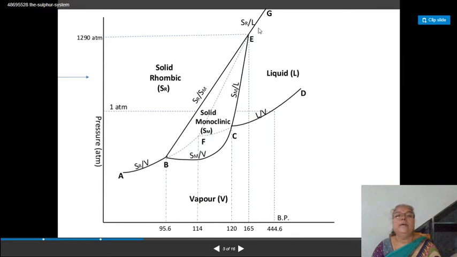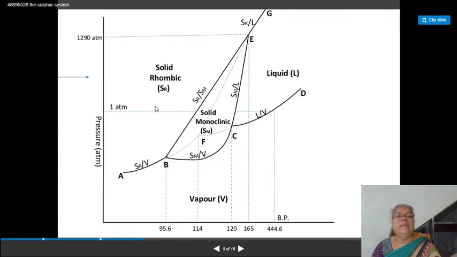Then this third region, to the right of these points G, E, C and D, we have liquid sulfur. It has stable existence, and this monoclinic sulfur at temperature 120 degree melts and gets converted into liquid sulfur. Then below these points A, B, C and D, we have sulfur vapor. Here sulfur vapor has stable existence.